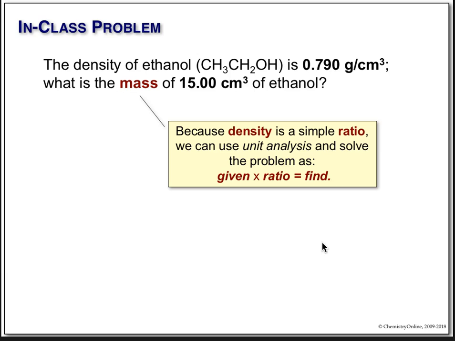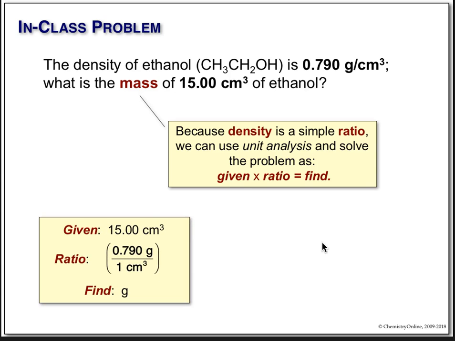But what's our ratio? Ratio is the density. Grams divided by cubic centimeters. So, we can set this up. Our given is 15. Our ratio is 0.79 grams in 1 cubic centimeter. There's our density expressed as a ratio.